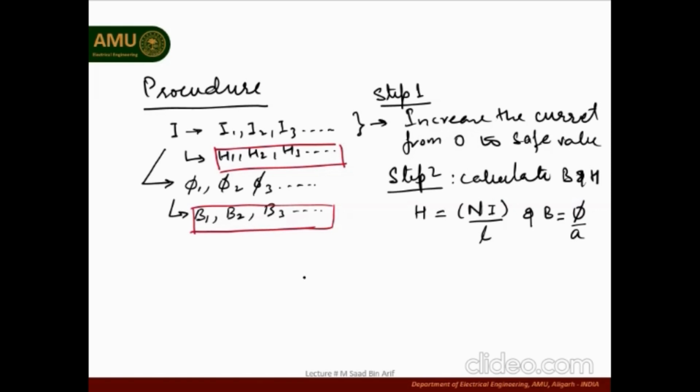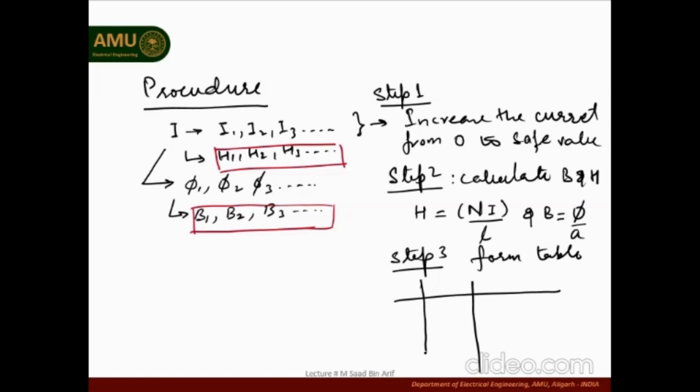Step 3, form a table of the readings. We have I, we have H, we have B. I1, I2 and so on.